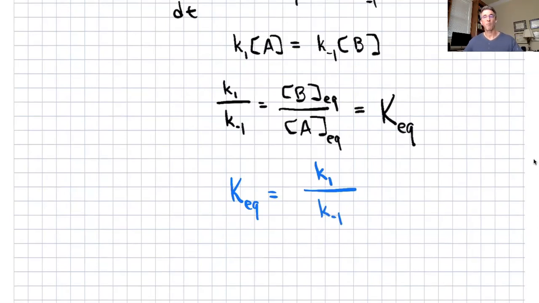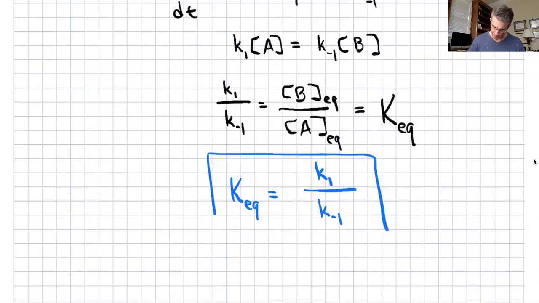Turns out that's going to be true for even more complicated cases, though the form of that overall rate constant in the forward and reverse direction gets more complex. But this basic idea that the equilibrium constant is going to be equal to the ratio of the forward and reverse rate constants holds across the board, right? So that's a really important one to remember. Okay.